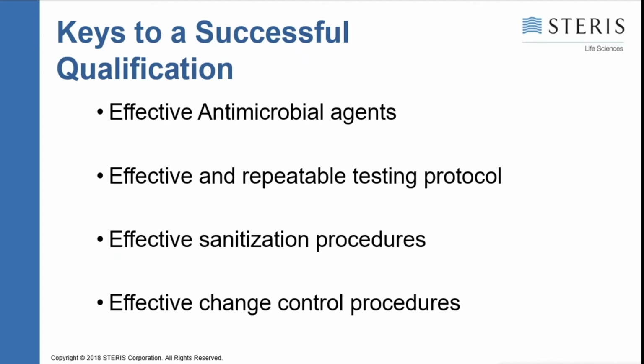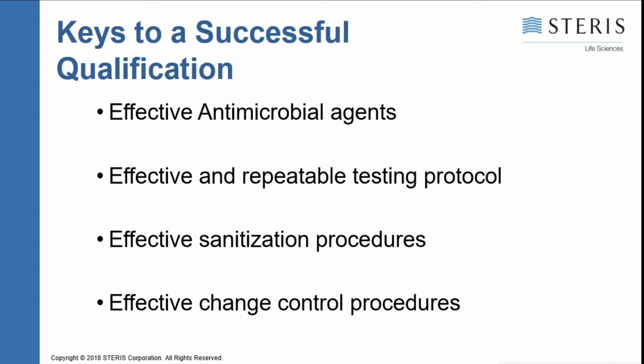So a couple of key things here in closing. Make sure your antimicrobial agent is effective. Alcohol won't kill everything. Neither will hydrogen peroxide. Make sure you have an effective, repeatable protocol that you can do the testing in duplicate or triplicate and get very good data with it.